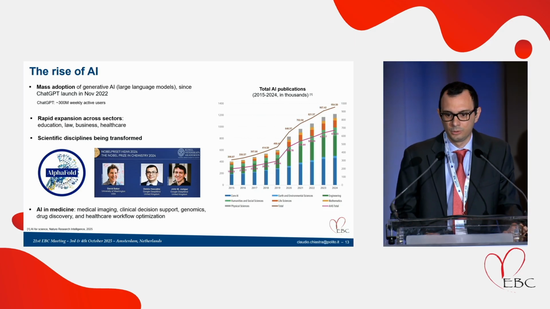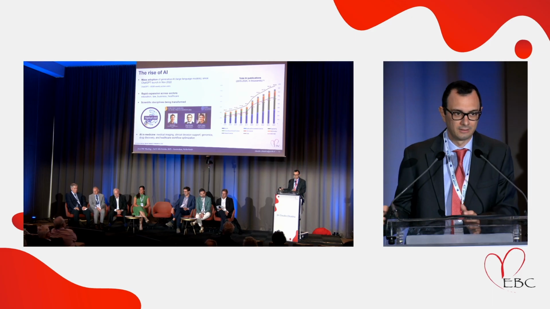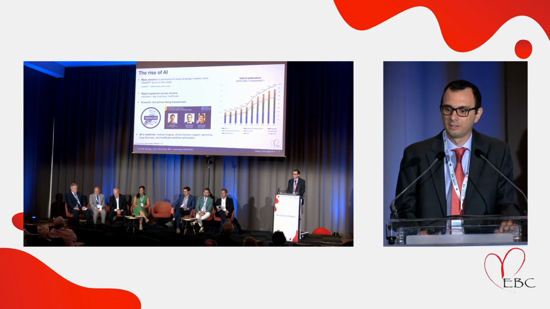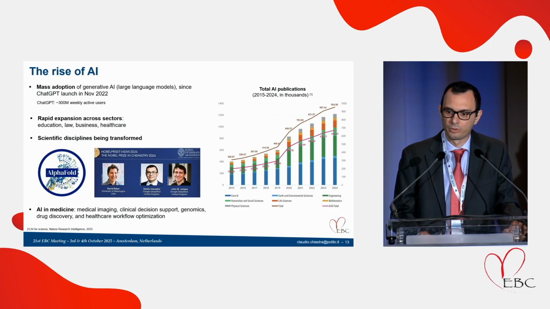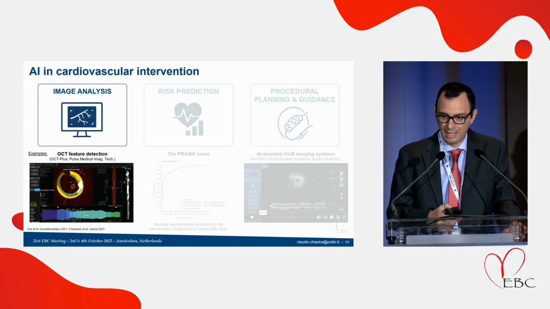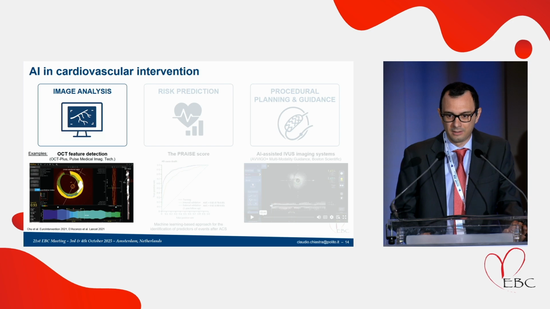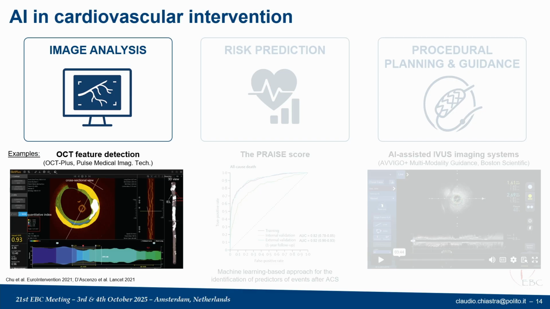AI is used also in medicine for different tasks: medical imaging, clinical decision support, genomics, drug discovery, and healthcare workflow optimization. And specifically, in the context of cardiovascular intervention, AI can be used for 3 different tasks. The first one is image analysis, and I just showed this example about feature detection from OCT using the Pulse Medical Imaging Technology software.